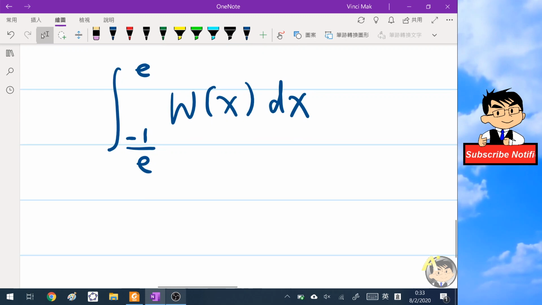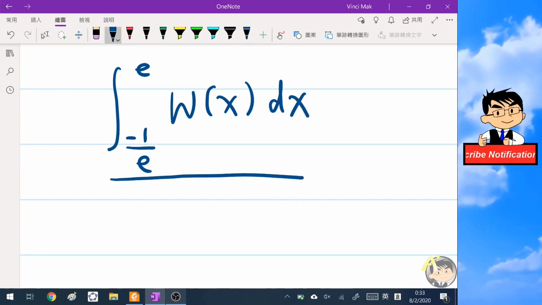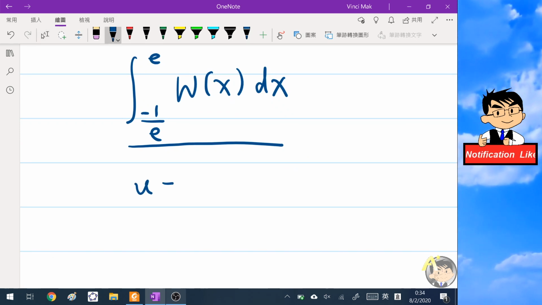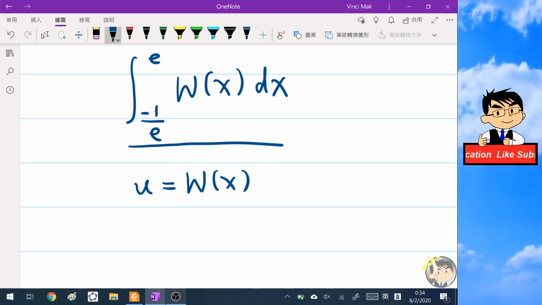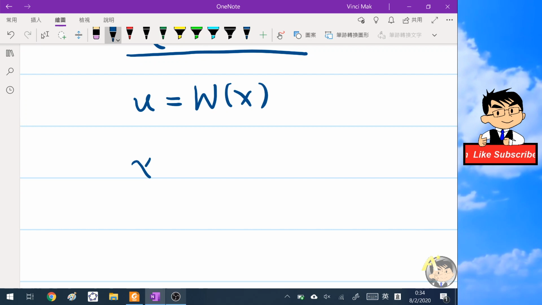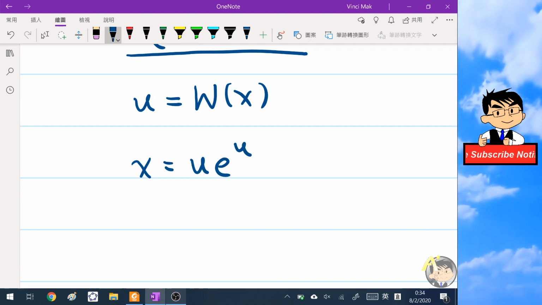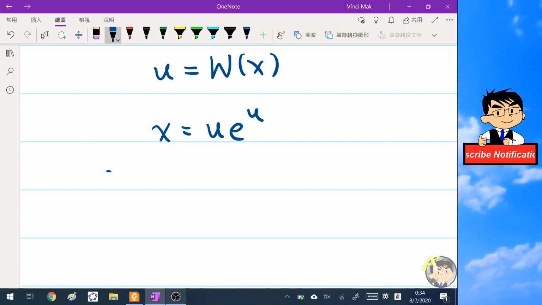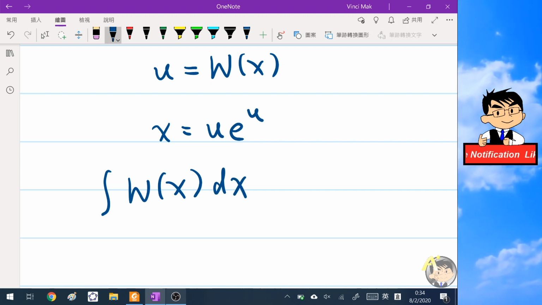So how do we integrate the Lambert W function? How about we make a substitution? We let u be equal to Lambert W of x, and then we know that x will be equal to u times e to the power of u, and we try to integrate W(x) first.